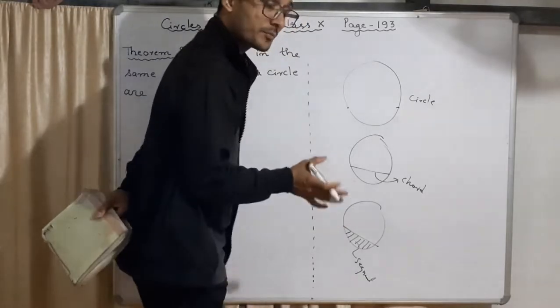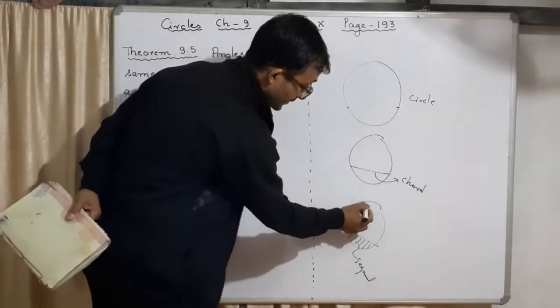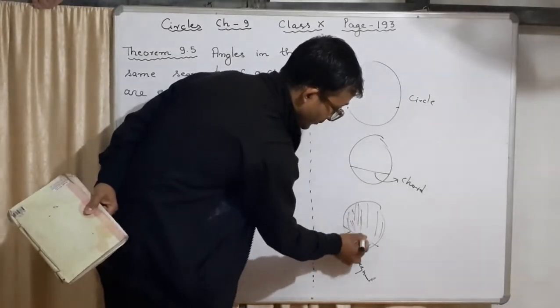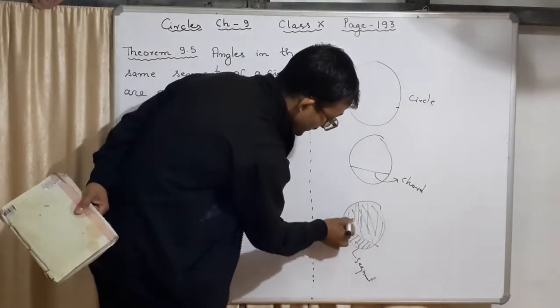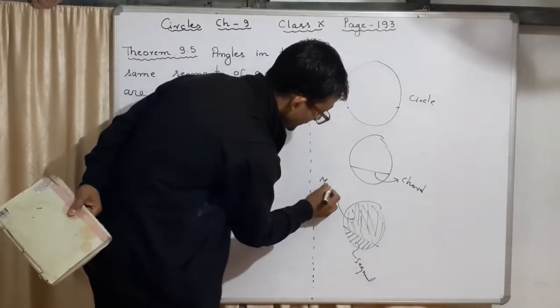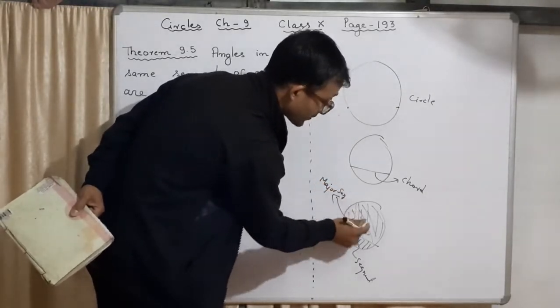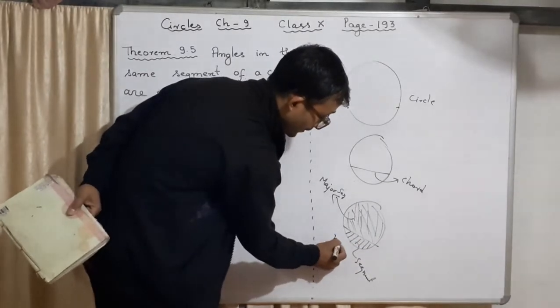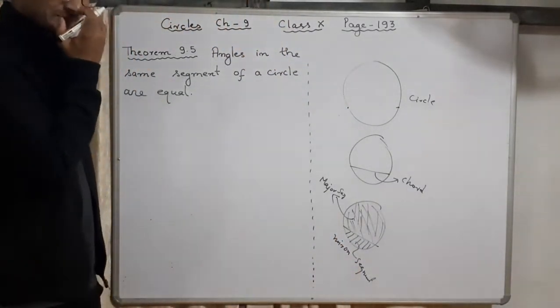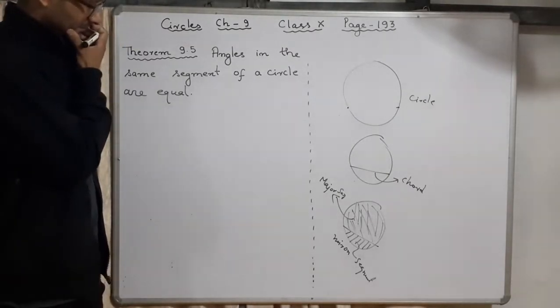If more space is on this side, this side will be called this, all this. Okay, just like the floor carpet. This area is called major segment. Why major? Because this is more. The less one is called minor segment. Okay, clear?